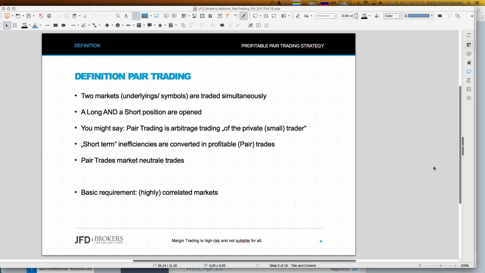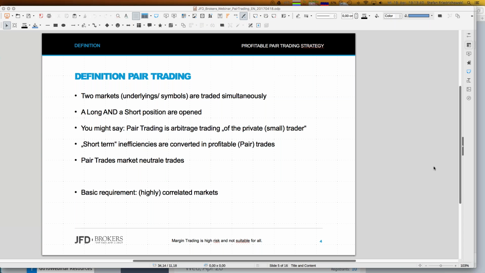Even if, for example, we think about S&P 500 and Dow Jones, we might open a long trade on S&P 500 and might open a short trade on Dow Jones. Or in this case, when we talk about Brent versus WTI, then we would maybe open a short trade on WTI and a long trade on Brent.